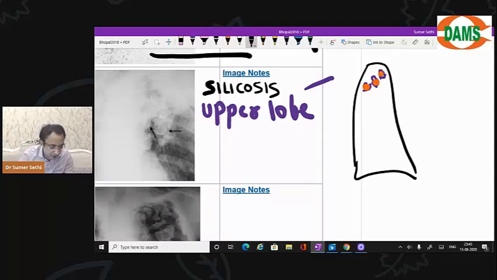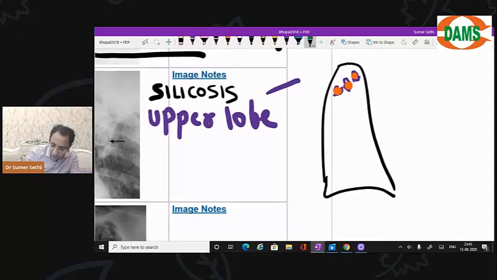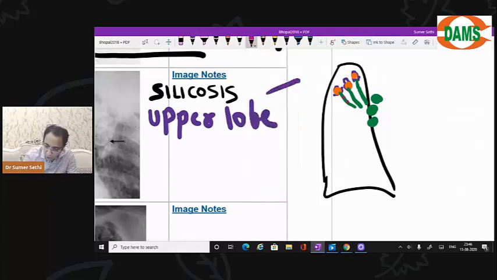And then, listen to me, these silica-laden macrophages will go via the lymphatics into the lymph nodes. But silica is a poison to the macrophages. So macrophages tend to die in the lymphatics, in the lymph nodes, and the lymph nodes become calcified.